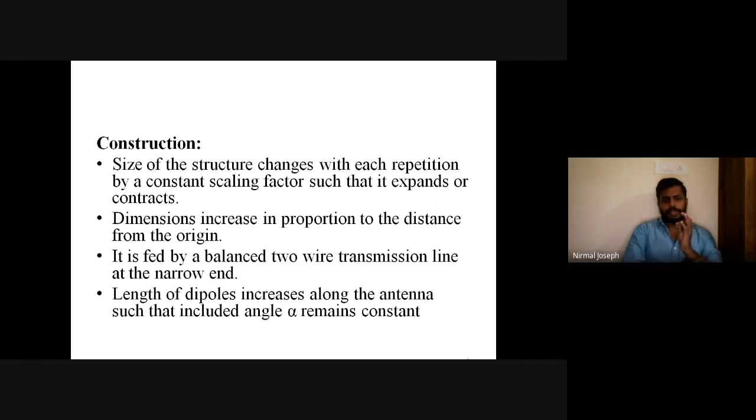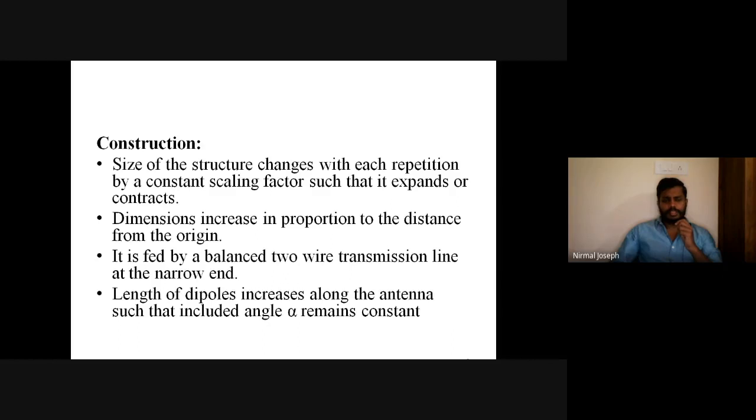The third element will be 2 into 2 into 2, that is 2 raised to 3, then 2 raised to 4, like that. If you take the logarithm of this, we get log 2, 2 log 2, 3 log 2, 4 log 2, etc. That is the significance of logarithm here. Taking the logarithm, we get a continuous series like 1, 2, 3, 4: 1 log A, 2 log A, 3 log A, 4 log A, like that.